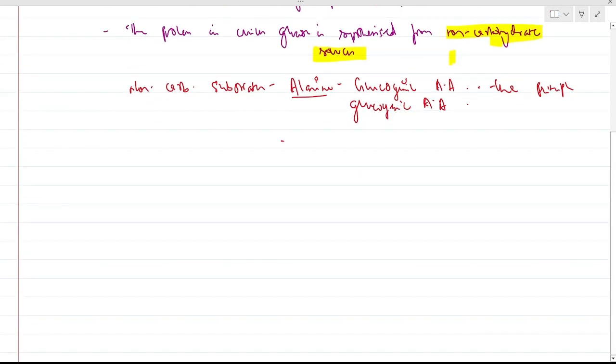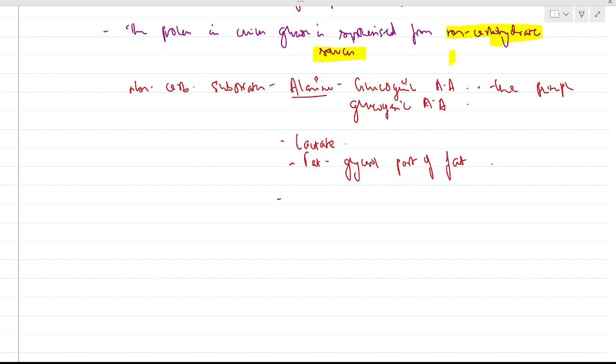Next is lactate, produced from pyruvate during anaerobic glycolysis. Next is, remember, fat. What part of fat? Glycerol, part of fat.